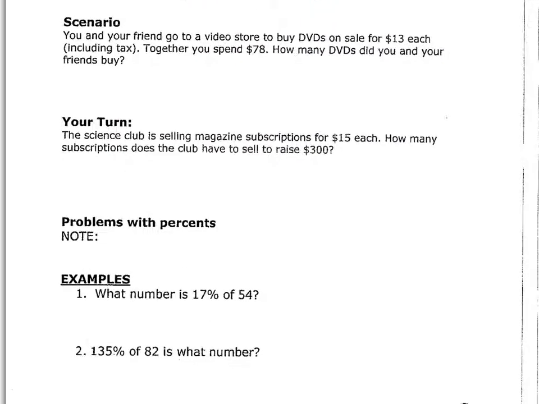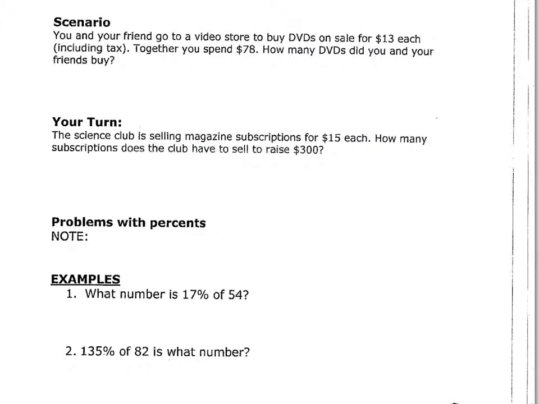Okay, so let's go through a couple of scenarios. It says you and your friend go to a video store to buy DVDs on sale for $13 each. That includes tax. Together you spend $78. How many DVDs do you and your friend buy? The DVDs are on sale for $13 each.